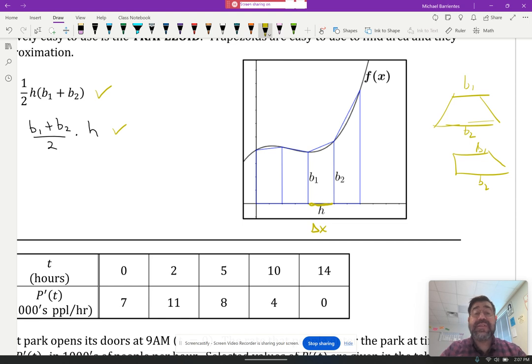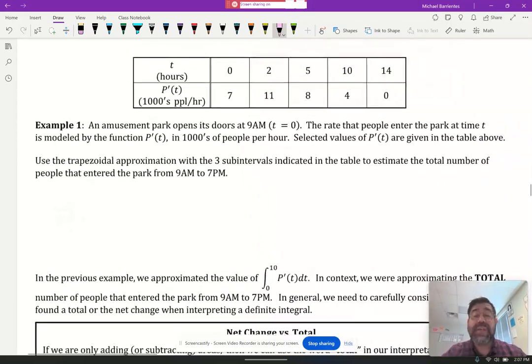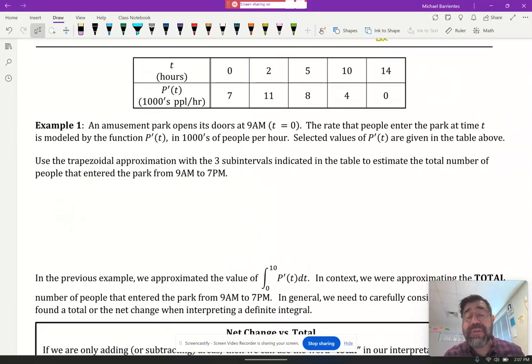And then the bases are really just the function values, right? f1 and f2, or f of x1 and f of x2. And so we're looking for the heights as the bases, and then the bottom delta x or width would be the height. And so I say that because as we look at the first example here, we're not given a graph, we're given a bunch of information in a table, but we can certainly interpret that, thinking about which axis is which.